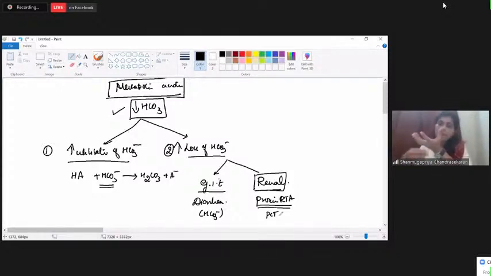But can you afford to miss bicarbonate in your urine? You can't, because bicarbonate is a major plasma buffer. So you have to reclaim every bicarbonate in the PCT. The proximal convoluted tubule is devoted to bicarbonate reclamation. So whenever there is proximal renal tubular acidosis, the PCT fails to reclaim bicarbonate and all the bicarbonate would be lost in urine. So any form of renal tubular acidosis is a renal loss of bicarbonate.